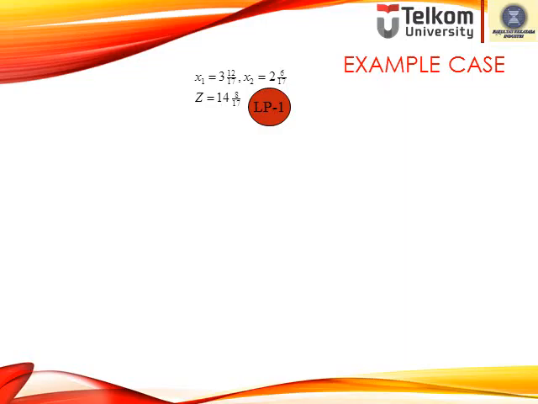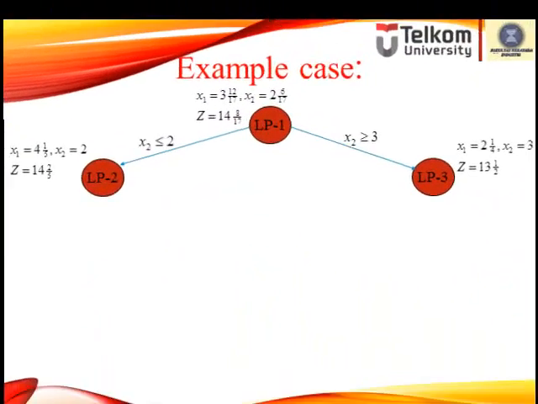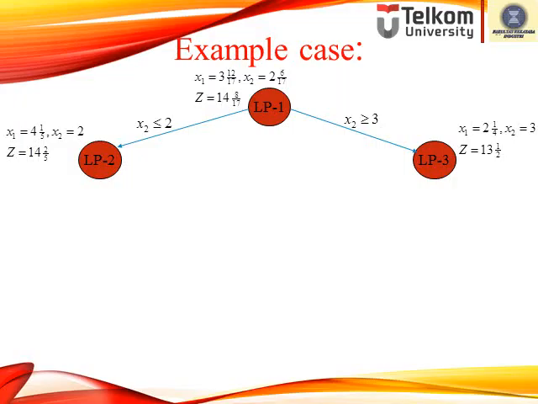Here is our z, 14x divided by 17, and then we give LP2 and LP3 the numbers 2 and 3.